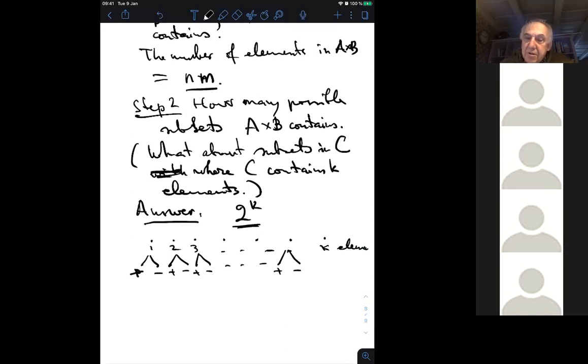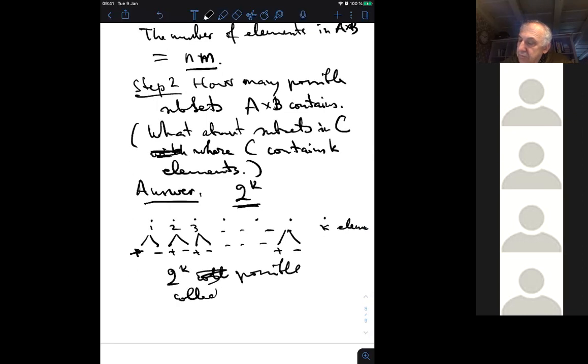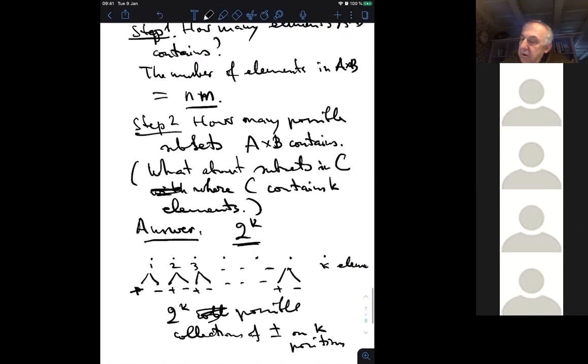We have K positions, and at each position we should choose either plus or minus. So we have totally 2 power K possible collections of plus minuses on K positions. That's why for a set with K elements, there exist 2 power K possible subsets.